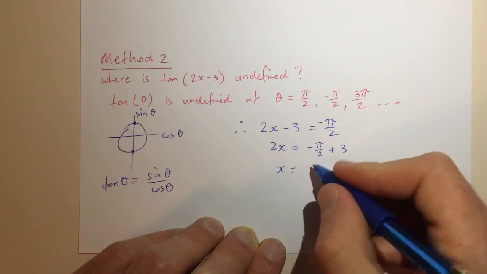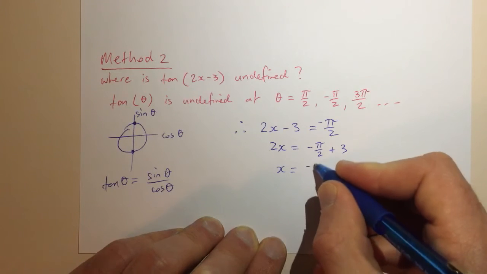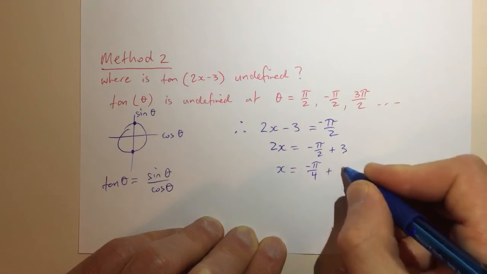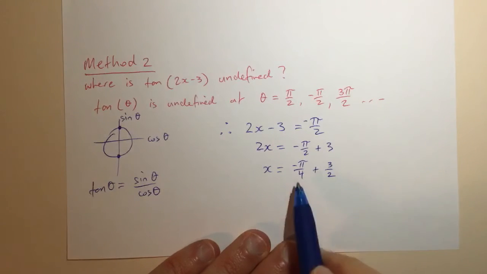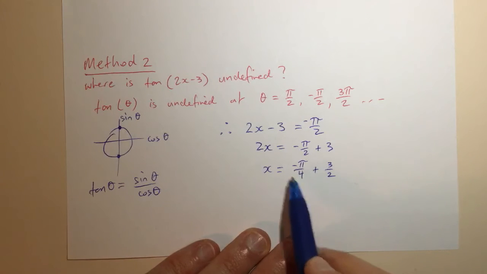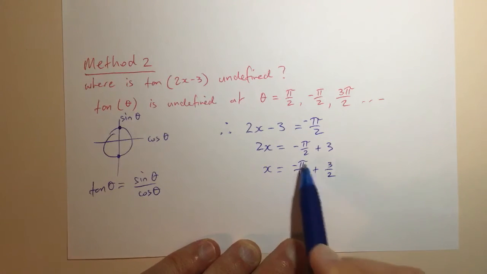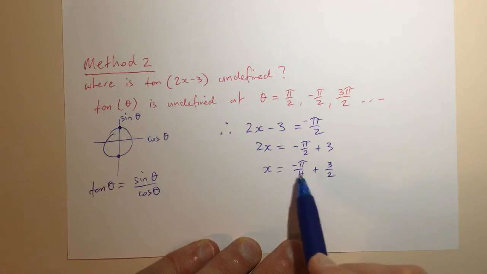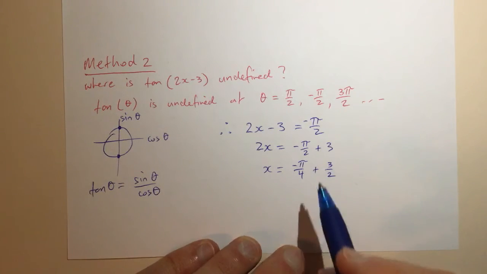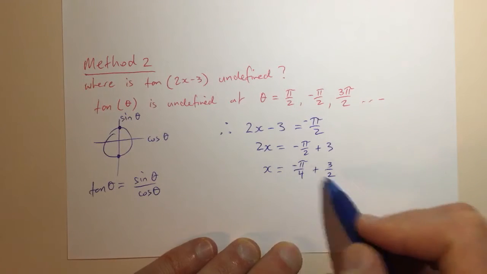Dividing both parts by 2 would give us negative pi on 4 plus 3 on 2. Negative pi on 4 is about negative 0.75, very approximately, as we went through in the previous question, plus 1.5. So that's going to be a positive answer. So this is potentially a solution here.